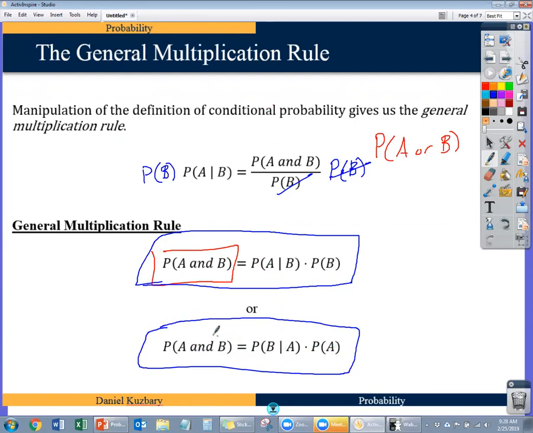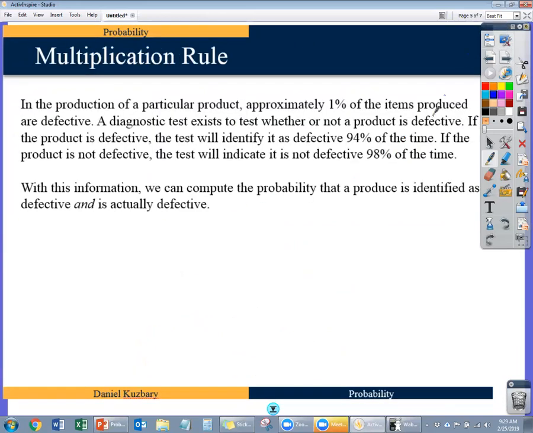So sometimes when you're looking for "and" probabilities, you've got to find the conditional probability plus the probability that one of them happens all by itself. So you're still finding two things just like that last example, but I'm going to show you how to use this general multiplication rule in an example. In the production of a particular product, approximately 1% of the items produced are defective.